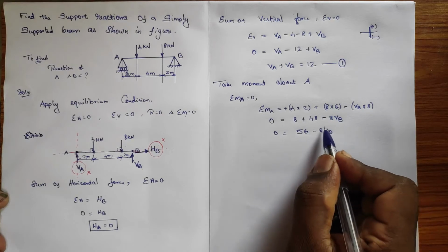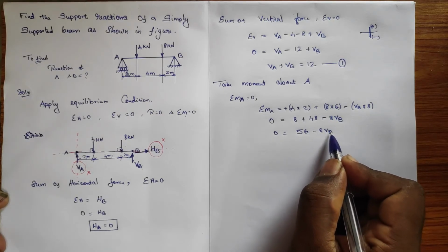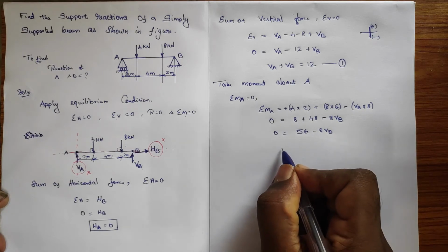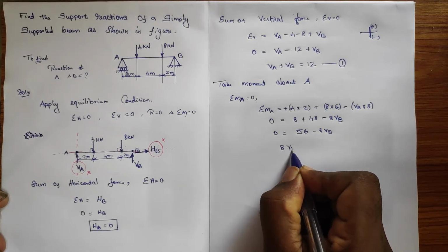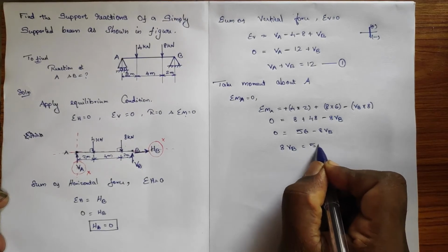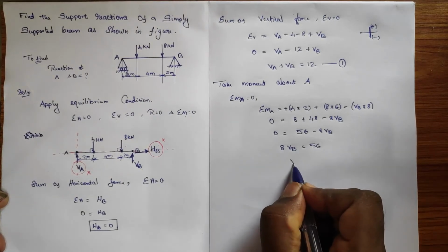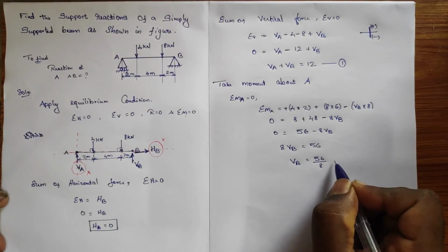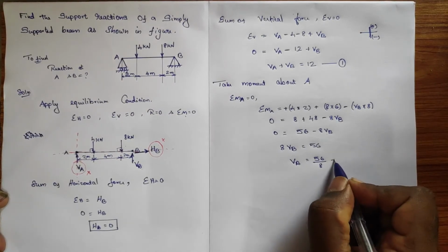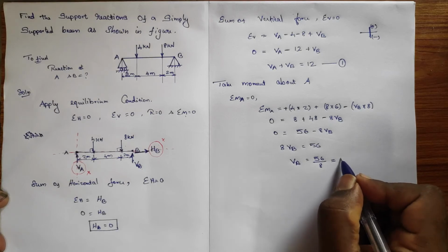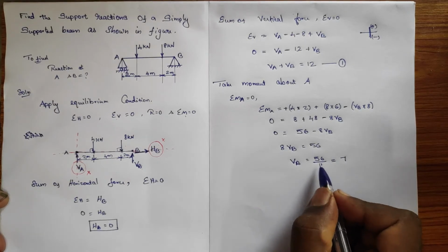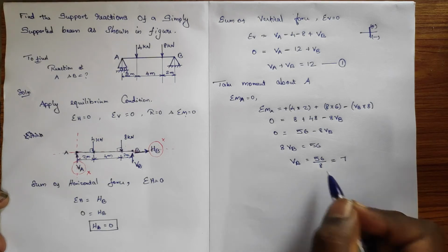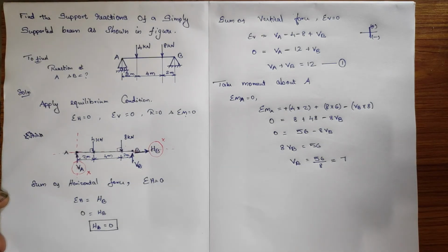First of all, you can take this 8 VB to the other side. When you take it, it will be positive. Minus will become positive, 8 VB is equal to 56. Can you understand it? And then to find VB, 56 divided by 8, we get the answer VB 7. Am I right? 8 into 7 is 56, 56 divided by 8, we get 7.